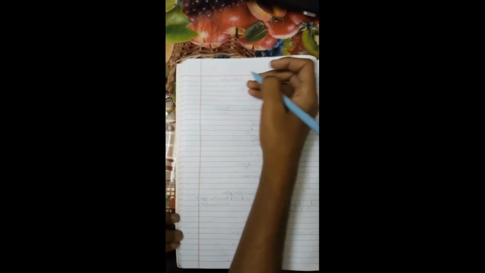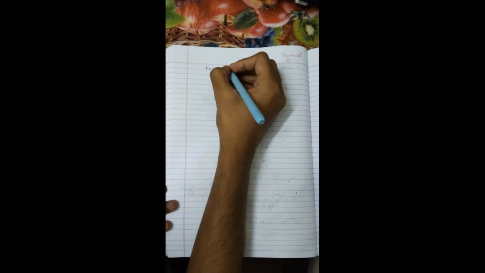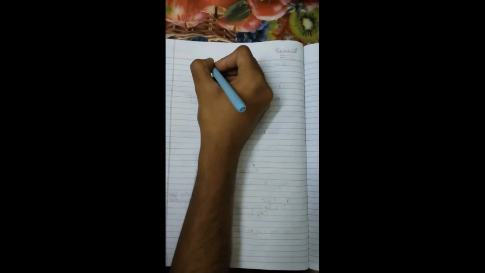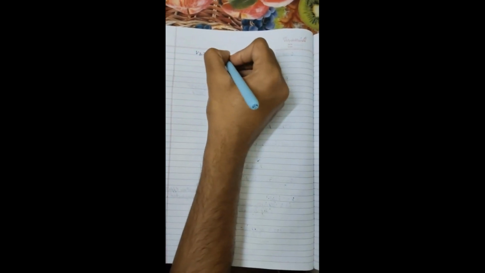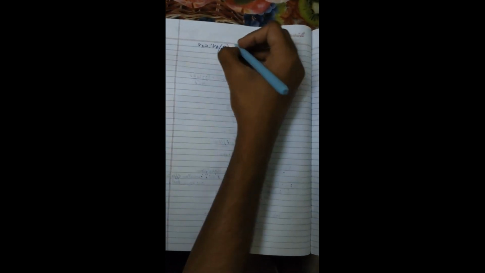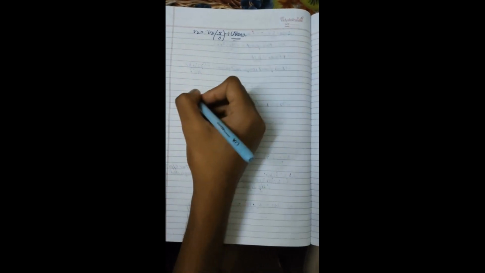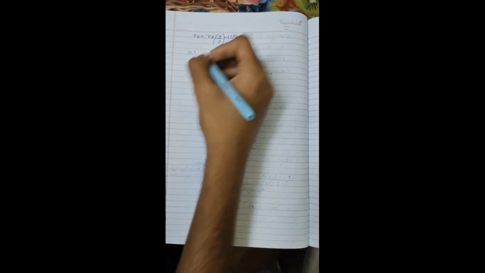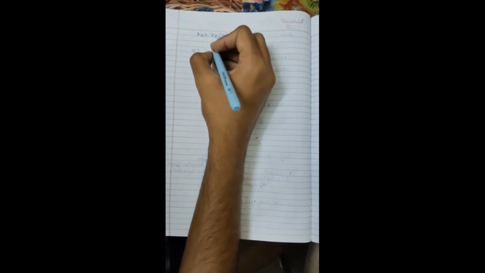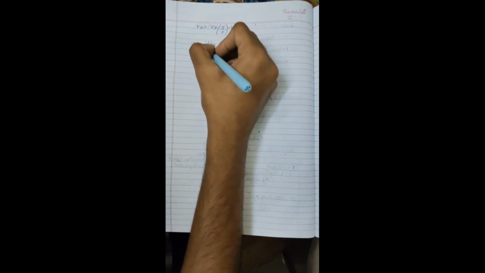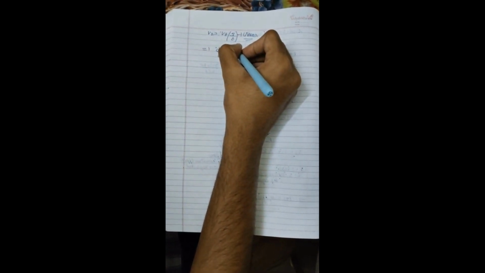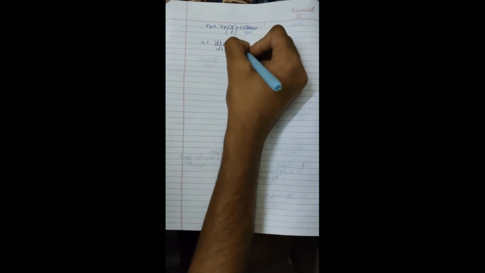Now Vz is nothing but what? Vz is VB into x by b, because the velocity profile is linear. We are taking a linear velocity profile. So Vz is VB x by b. Now we have to get dvz by dx. So dvz by dx would be VB by b.